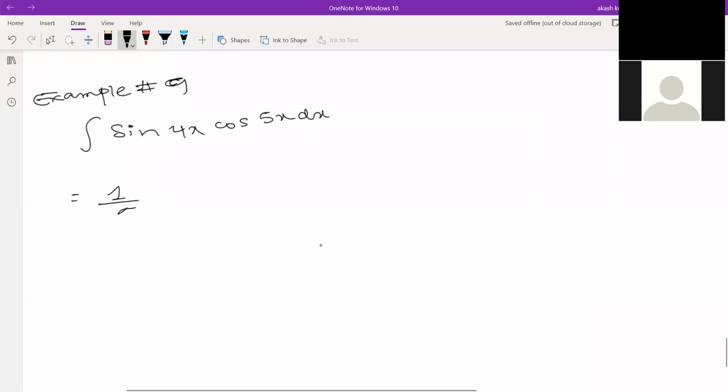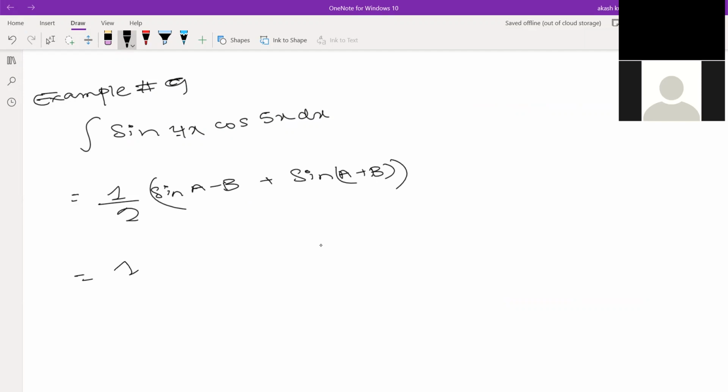So how will you apply this? Half sine A minus B plus sine A plus B. This is my A and this is my B. So it will become half sine A minus B, which is minus x: 4x minus 5x becomes minus x, and 4x plus 5x becomes 9x.